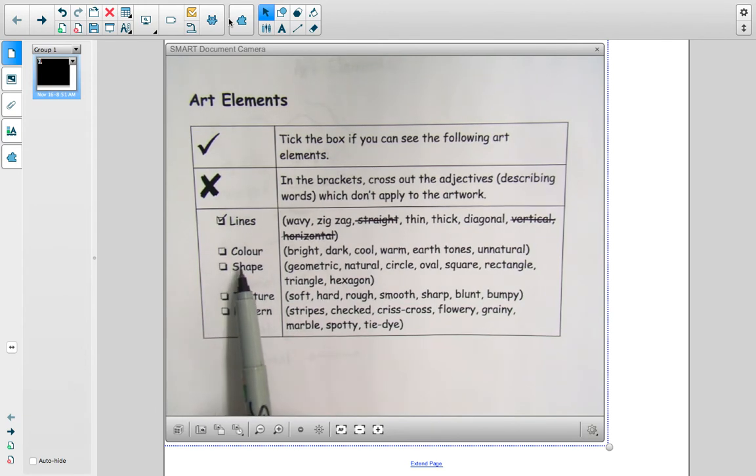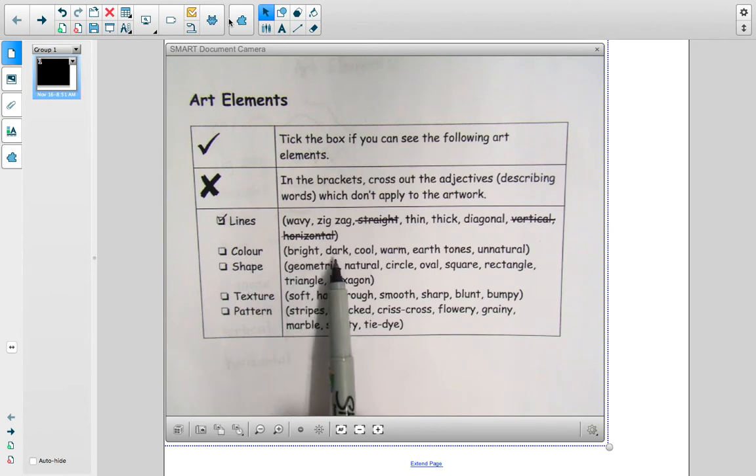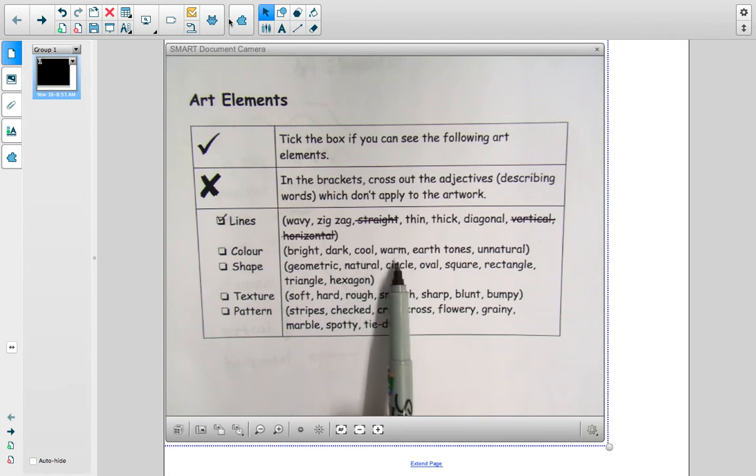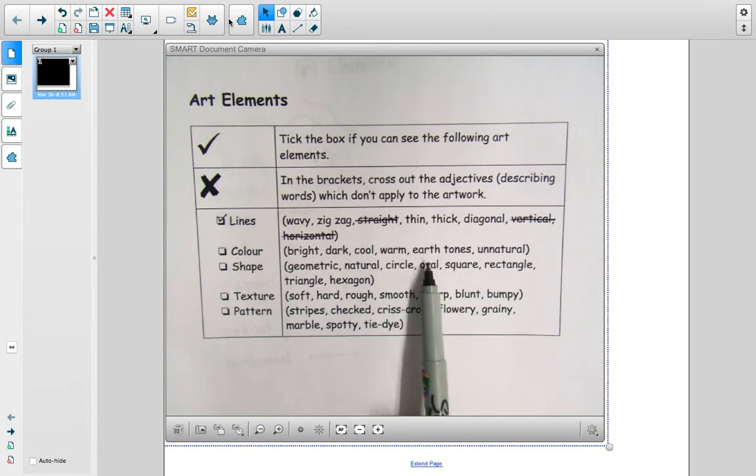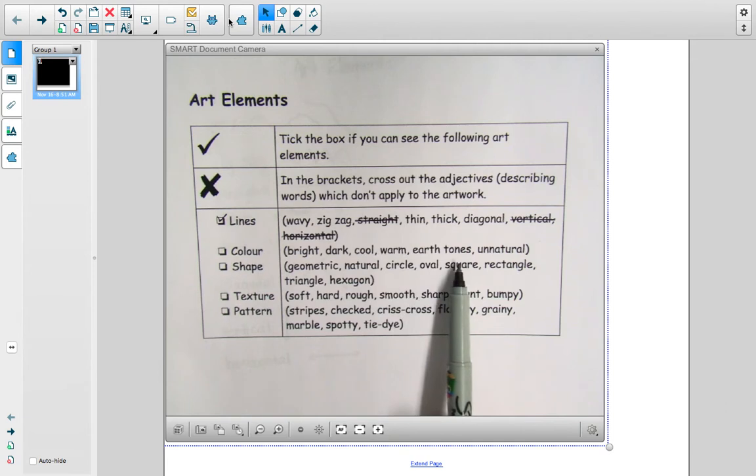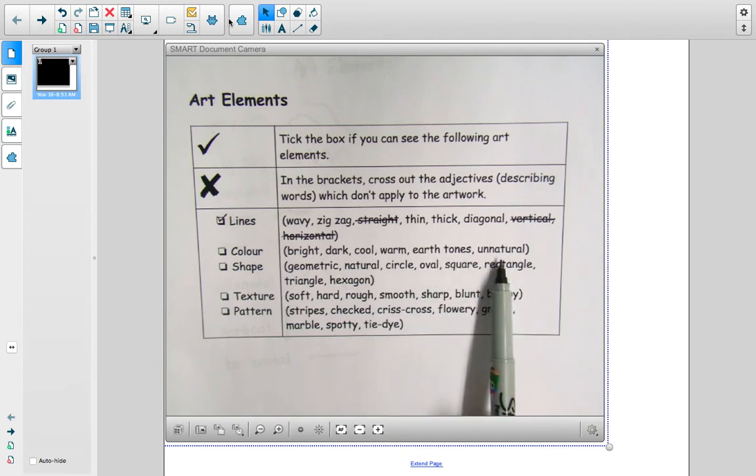Then you're going to look at color. So we have bright colors, dark colors, cool colors like the blues and greens. And then we have warm colors like the oranges and reds. Earth tones are colors that you see in nature, so greens, browns, beige. And unnatural, well, that might be neon or some unusual colors that we wouldn't see very well.